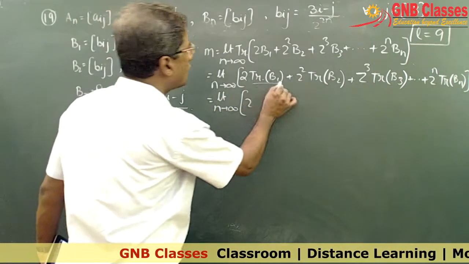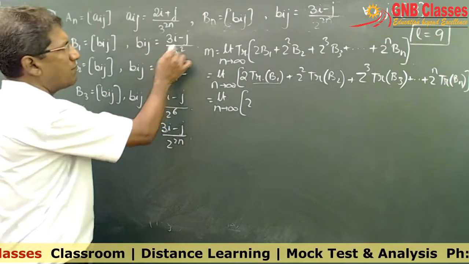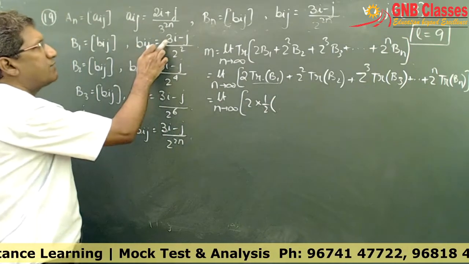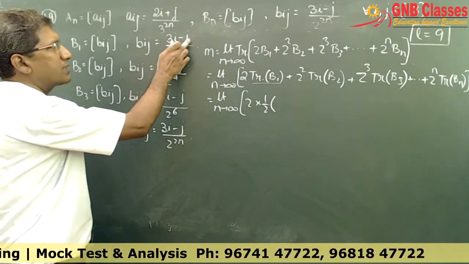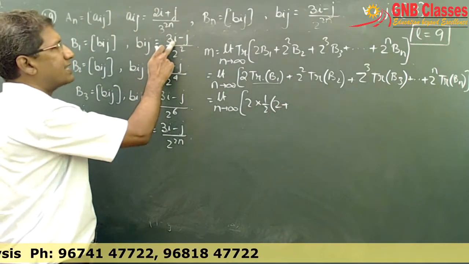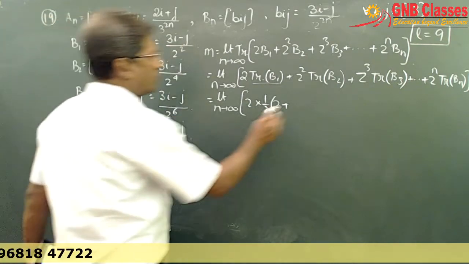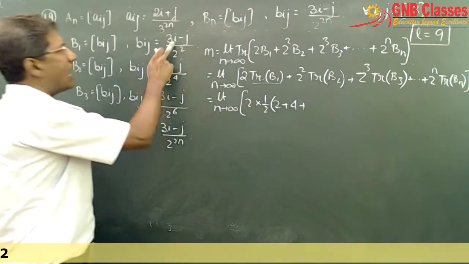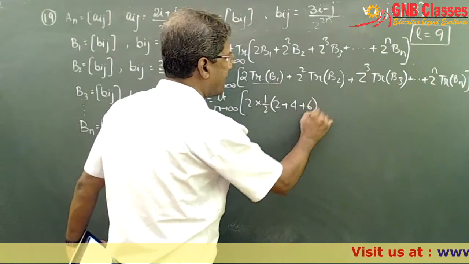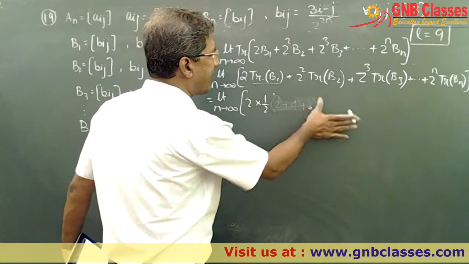Now see, what is the trace of B1? The trace of B1 will be 1 by 2 square, and inside it will be 3 into 1 minus 1, that will give you 2, plus, when I put i as 2 and j as 2, we get 4, and when we put i as 3, j as 3, we get 6, right? So this 12 will be common for every case.